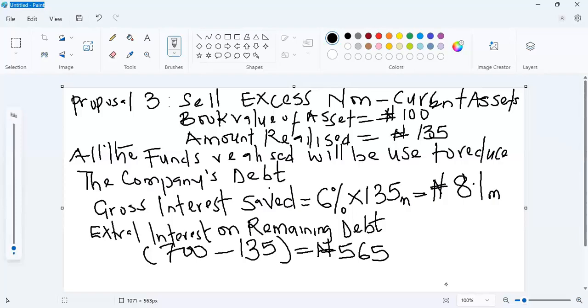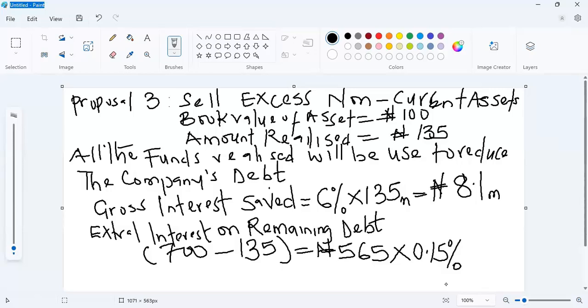We are now going to take away 15 basis points. 15 basis points converted to percentage, 15 divided by 100, will now give me 0.15%. On the remaining debt, we are going to save 0.15% interest. Is that clear, please?